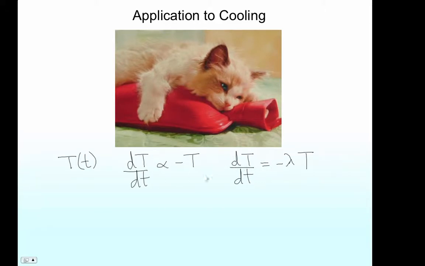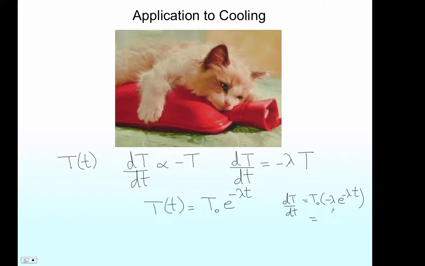The solution of this equation is, one can see, T of t equals some constant T naught e to the minus lambda t. Let's check to see if this is right. Well, if you do that, dT by dt is T naught, and when we differentiate this exponential over here, we get minus lambda e to the minus lambda t.